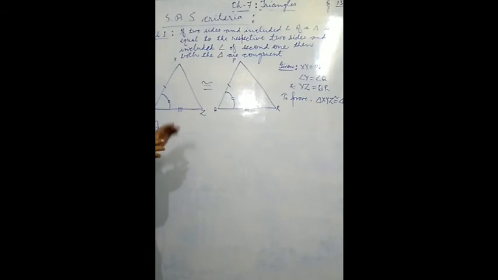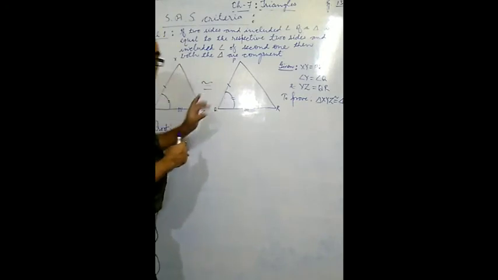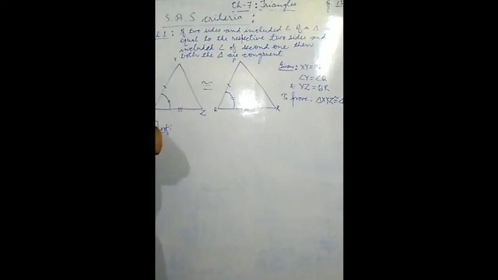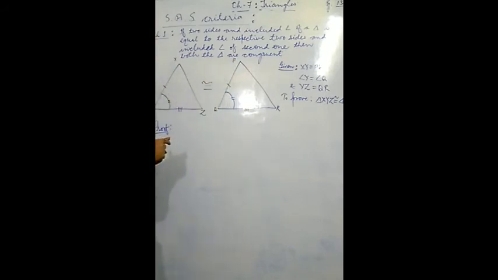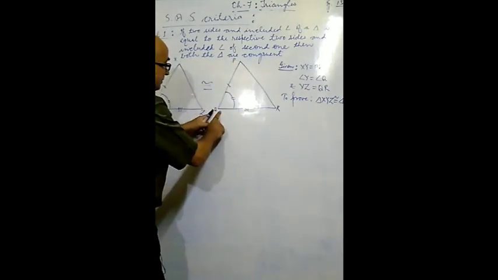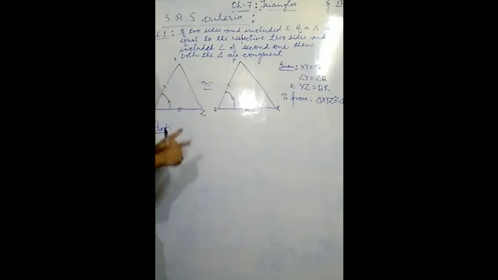Third argument is, since this angle equals this one, therefore XY will fall along PQ. What is the fourth reasoning? Since XY equals PQ, therefore point X will fall on P. Now point X is falling on P and point Y is falling on point Q. This XY coincides with PQ, fully covering PQ.